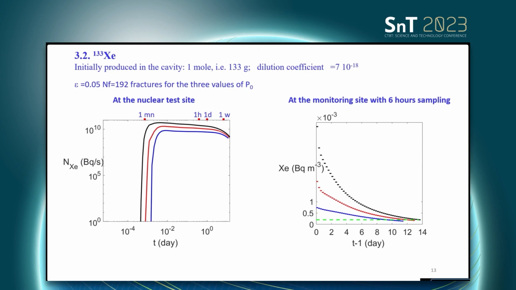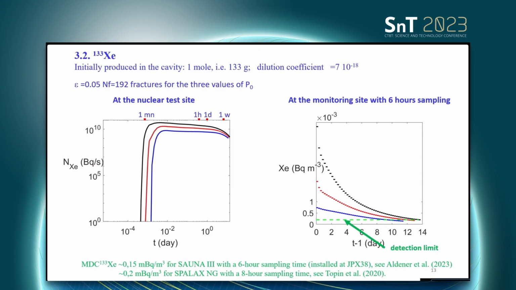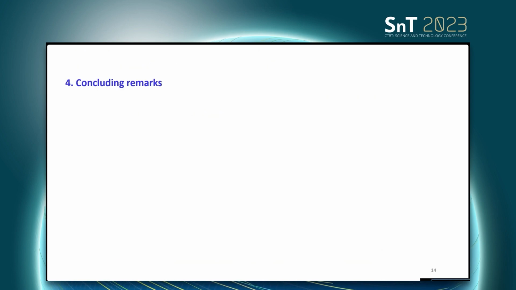And at the monitoring site with 6 hour sampling, the activity concentration is given as a function of time again. The green line that you see is the detection limit, which means that it should be detectable.